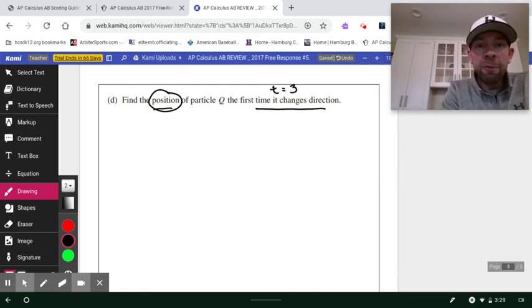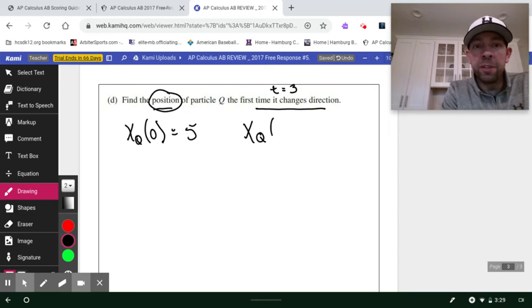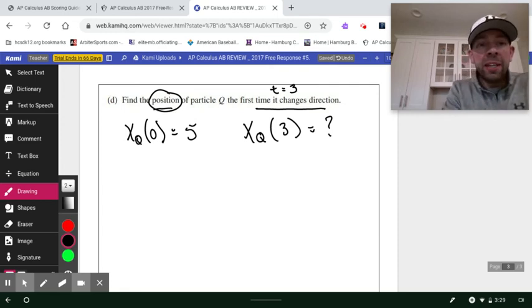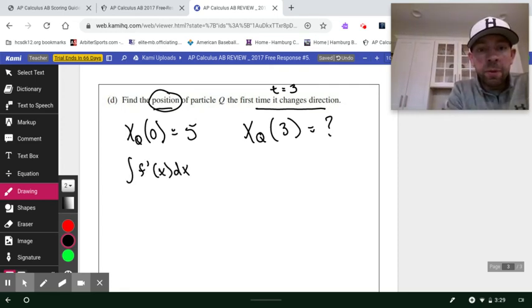Now, what you already know from the stem is that the position of Q at t equals 0 is equal to 5. And our question is, what is the position of Q at t equals 3? This one, to me, is screaming first fundamental theorem. And the first fundamental theorem says if you integrate f prime from, let's say, generically a to b, that's going to be f of b minus f of a. Now, how does that apply to this problem?